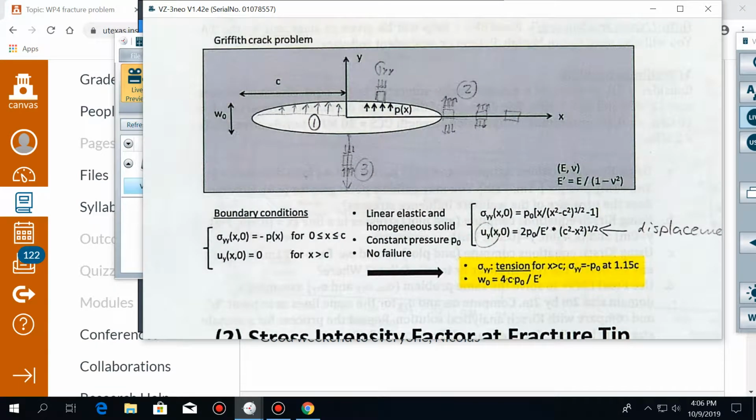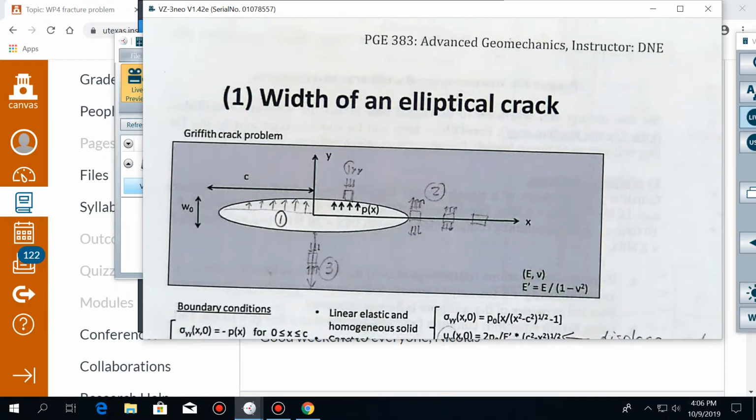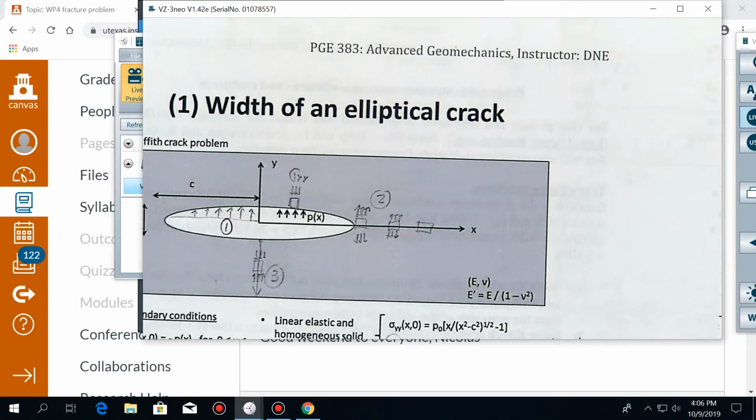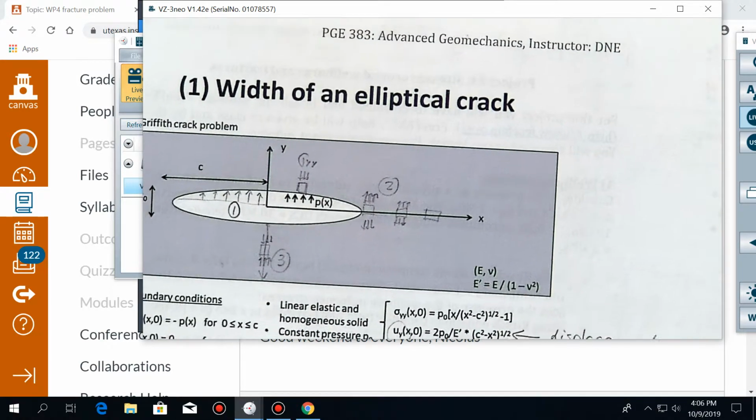We're going to see later on that those stresses are going to also decrease with distance, and that's what defines your stress shadow. Tells you how close fractures can be so they do not interact with each other. You can obtain it numerically. If you want, just plot that numerically, and the analytical solution is going to be a little bit difficult, so you can do that or not. It's up to you. Okay?